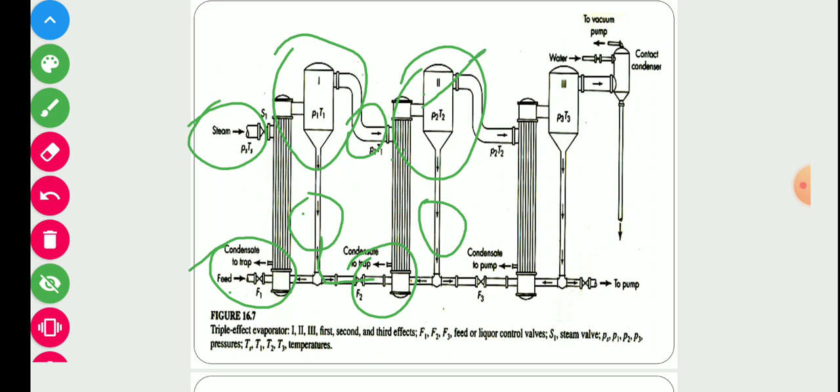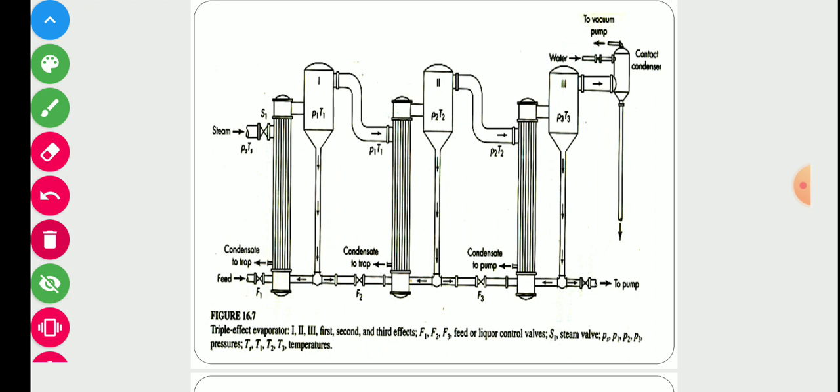Again this vapor is used as a heating source in the third unit, and the concentrated solution again goes to the third unit, where it is again converted into vapor, and this vapor is separated out, and concentrated solution is collected over here, and the vapor phase at the top. So in each subsequent unit we get a more and more concentrated solution.